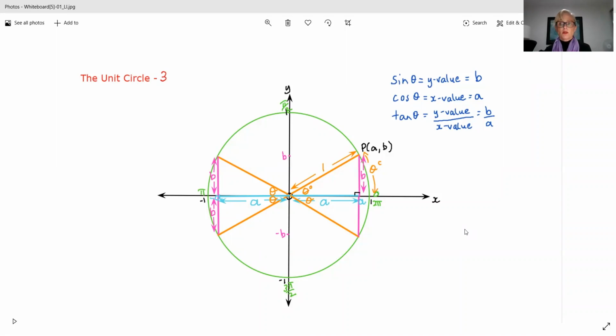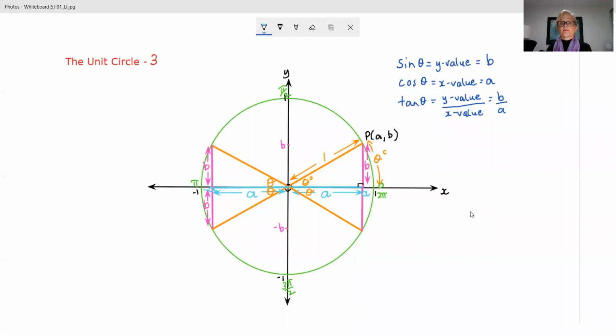J. We've been talking about the unit circle, and we've been learning about the fact that from now on, instead of thinking of sine as being opposite over hypotenuse, cosine adjacent over hypotenuse, tan as opposite over adjacent, which is fine for right-angled triangles, we can expand our thought process about that, and we think about sine as being the y value of a particular point.